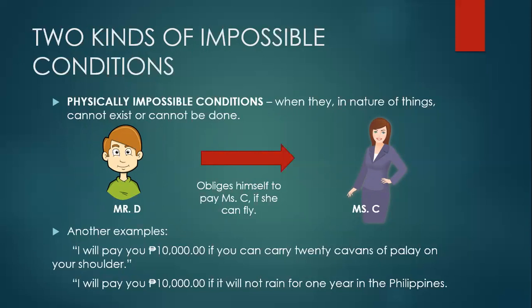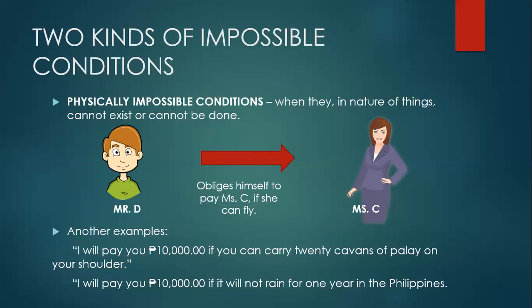For example, Mr. D obliges himself to pay Miss C if she can fly. The condition in the given example is if Miss C can fly. Take note that, again, a human person cannot fly. Therefore, there is physical impossibility for Miss C to comply with the condition to fly.